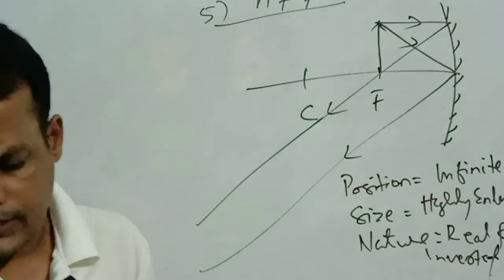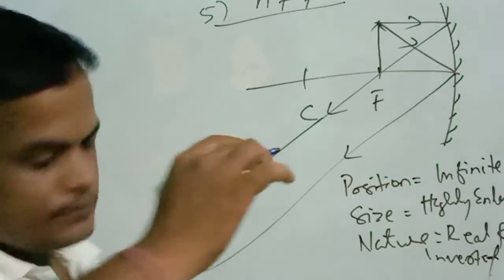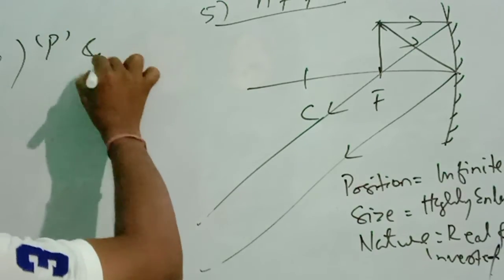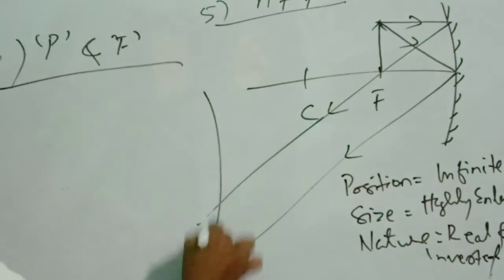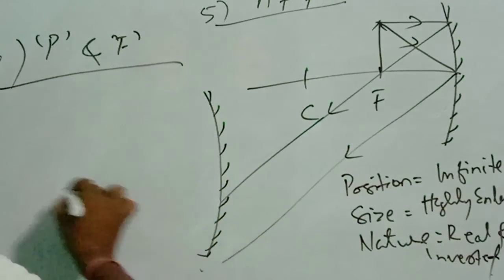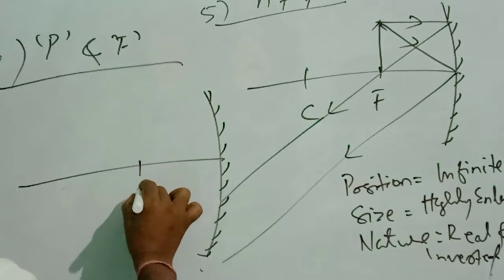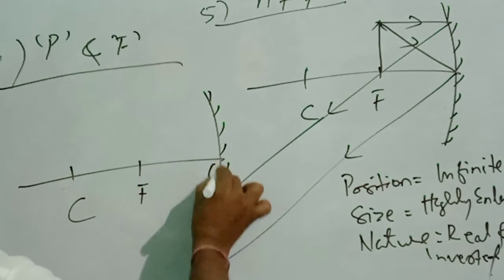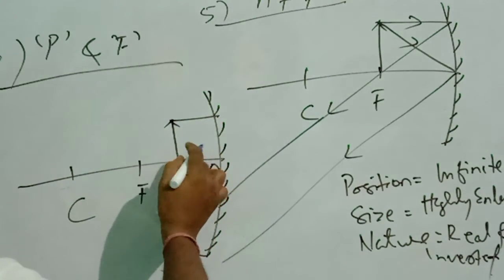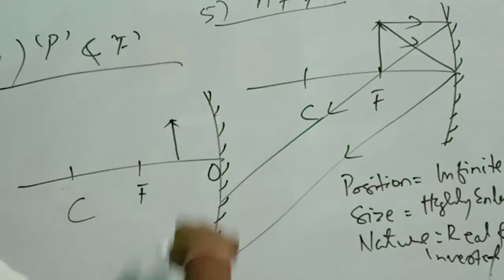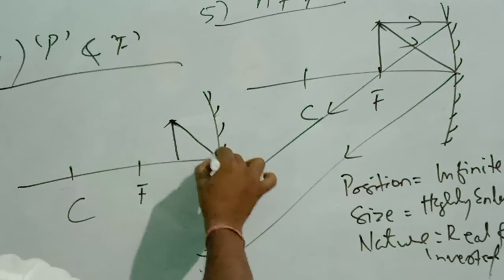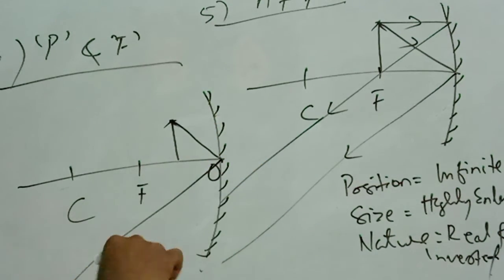Let us come to number 6, between the pole and focus. The object will be here. In this case, what happens?